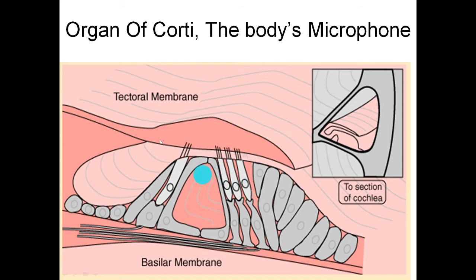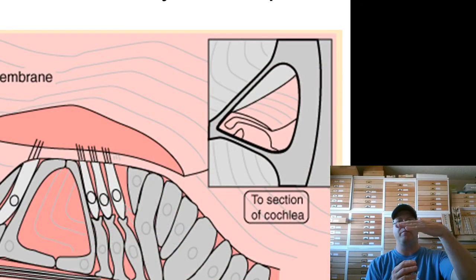The organ of Corti contains these cells. They're called stereocilial cells because they have little cilia that stick up. So what's going to happen is we've got this membrane that's going to vibrate, the tectorial membrane, and then you've got these stereocilial cells that are below it.